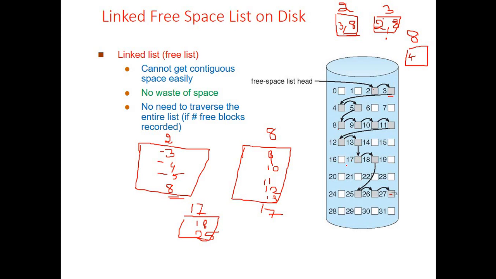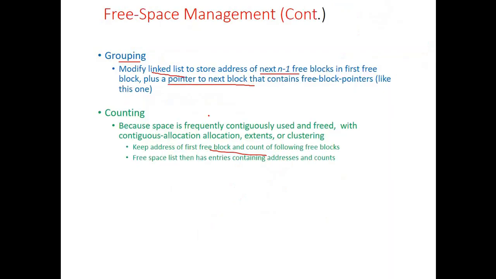Then the address of the next block having the pointers is 17. So 5, 17. This is the counting method of storing the free blocks in the disk.